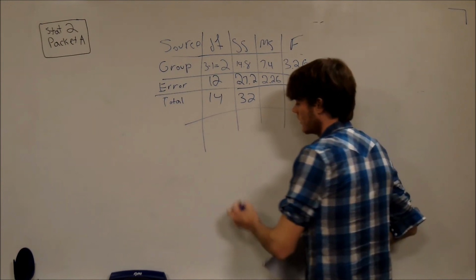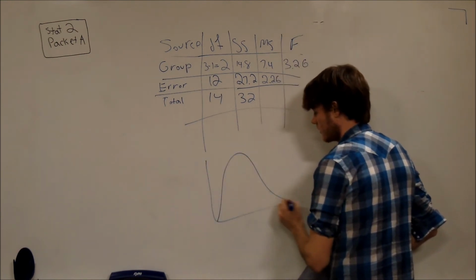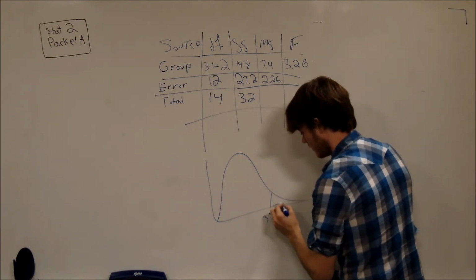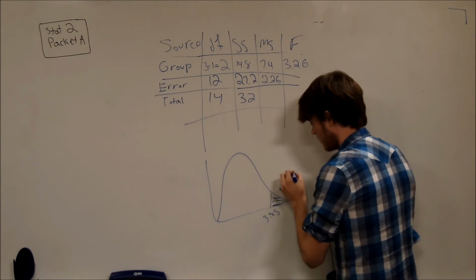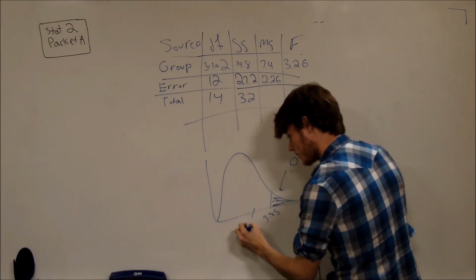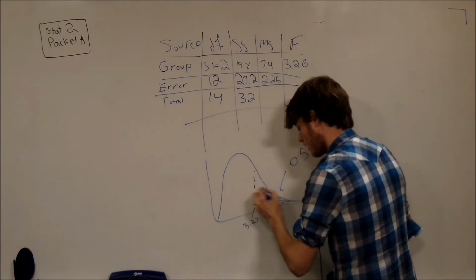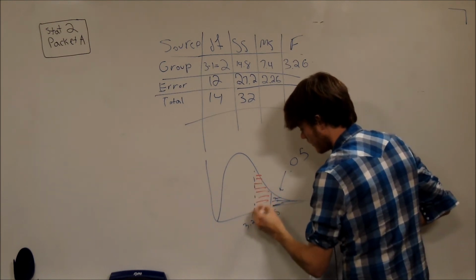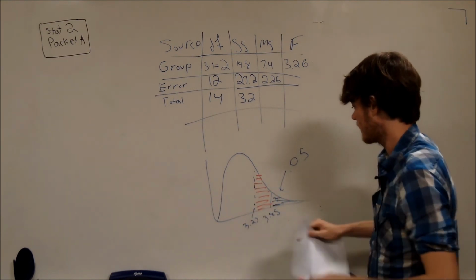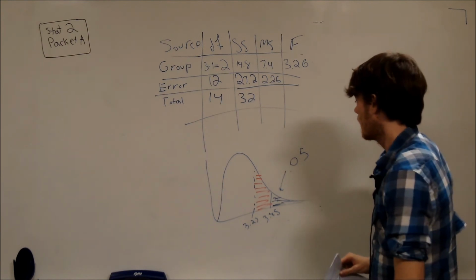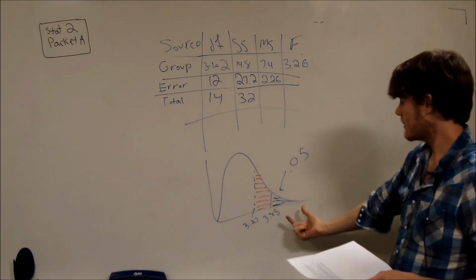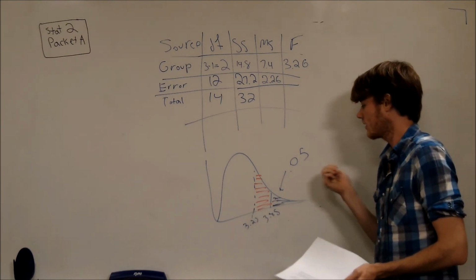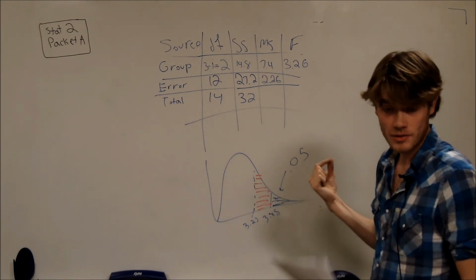What does that mean? If we draw it out graphically, we have 3.88 with 0.05 area to the right, and our value is 3.26. So this area is greater than 0.05, which means that our p-value is greater than 0.05.